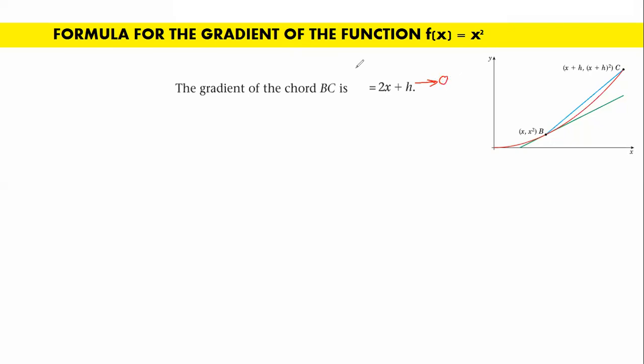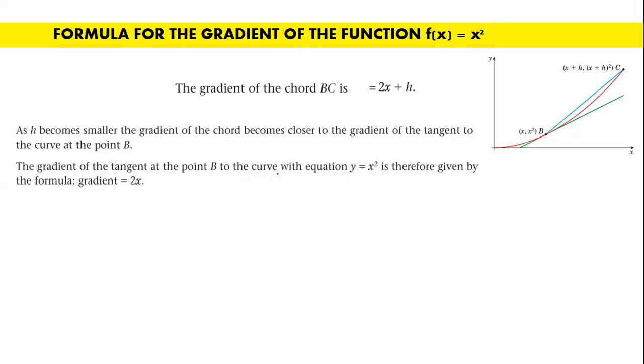We have to make the value of h 0. So this is denoted by this. As h becomes smaller, the gradient of the chord becomes much closer to the gradient of the tangent to the curve at the point B.